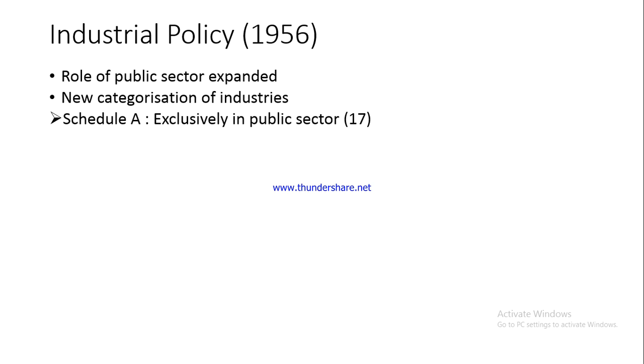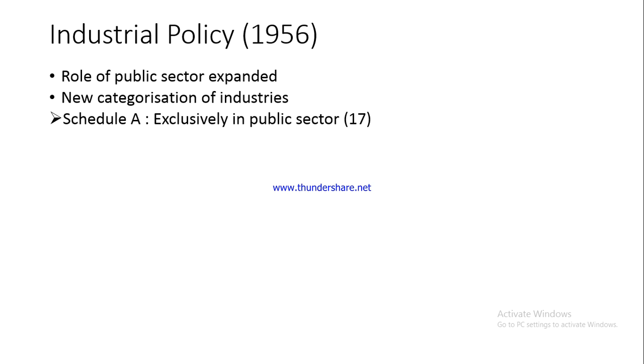That is why these industries were given the nomenclature Schedule A. Schedule A comprised 17 industries, and they were to be exclusively in the public sector, which means no private sector entity could enter these 17 industries.